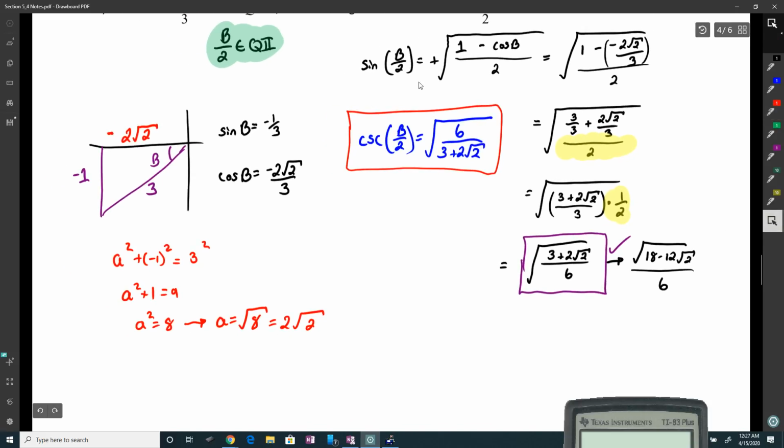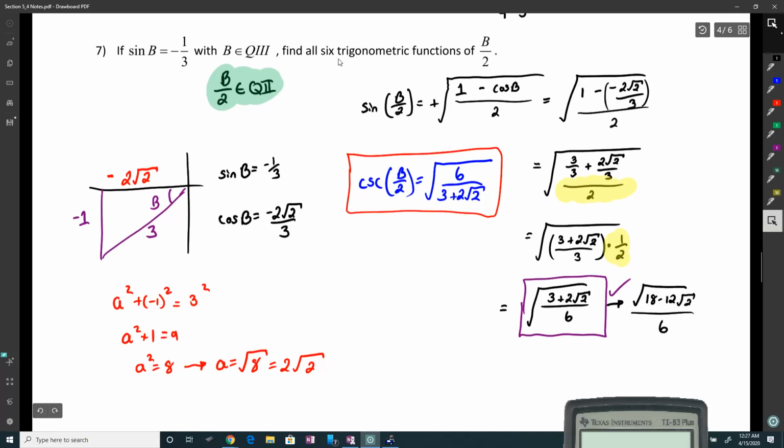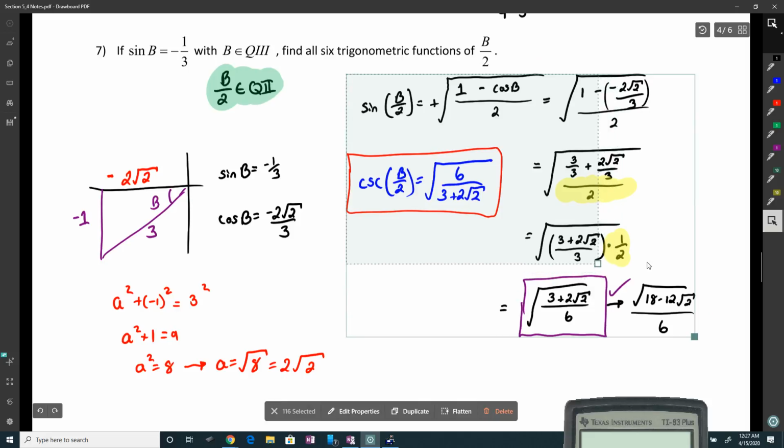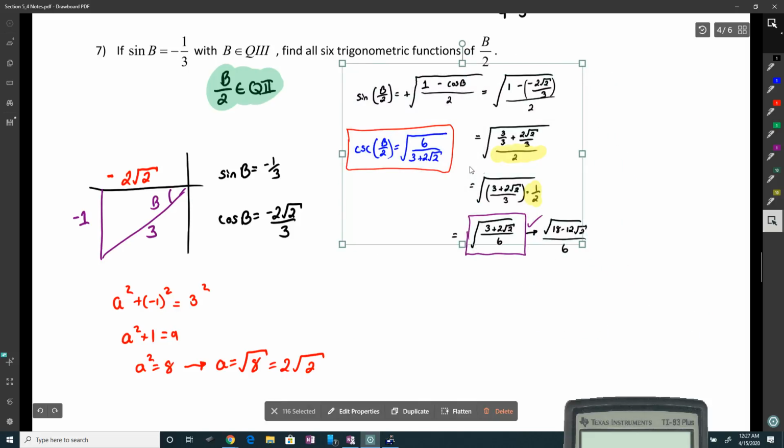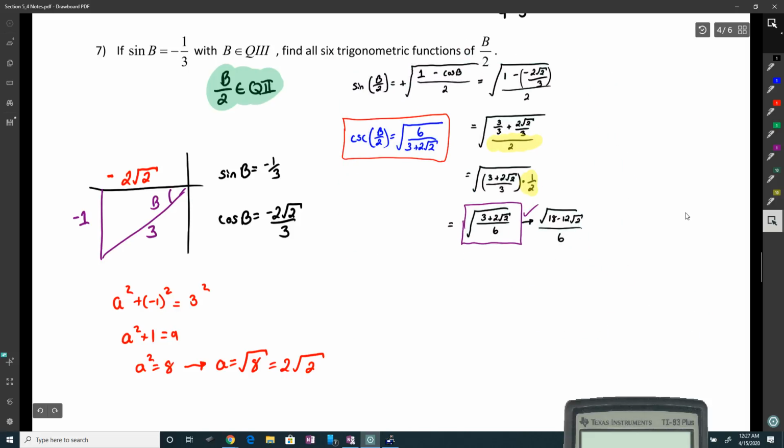Let me make this small. I just picked this problem from the book, so not a fun problem. So cosine of b over 2. Very similar process. Cosine in quadrant 2, cosine is negative.